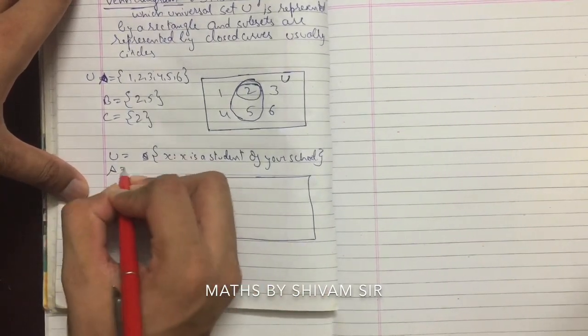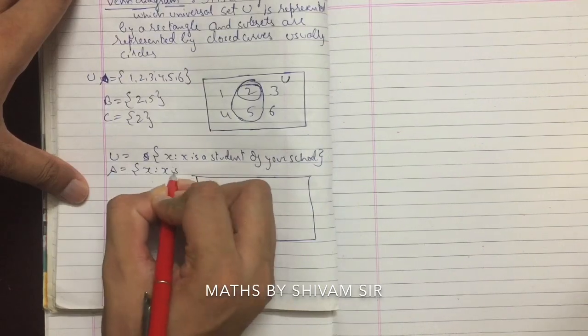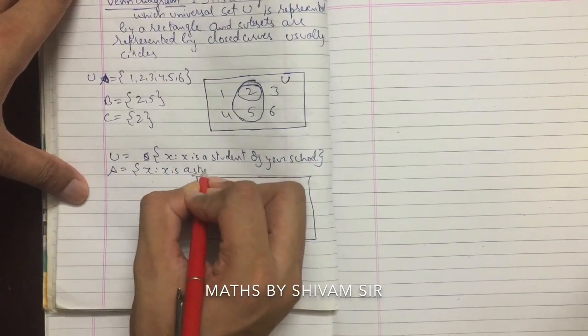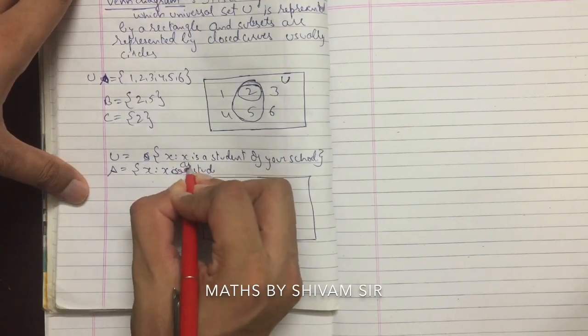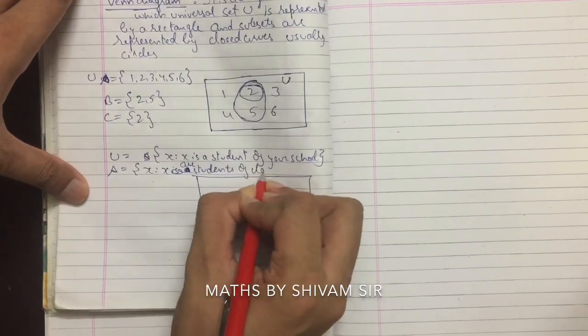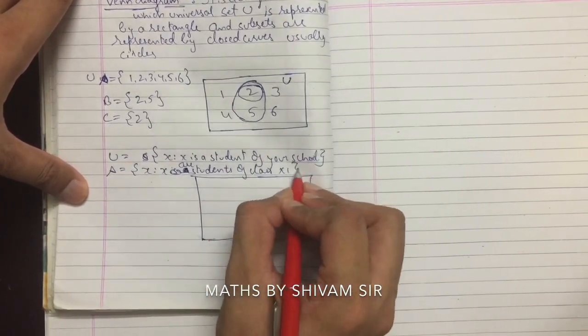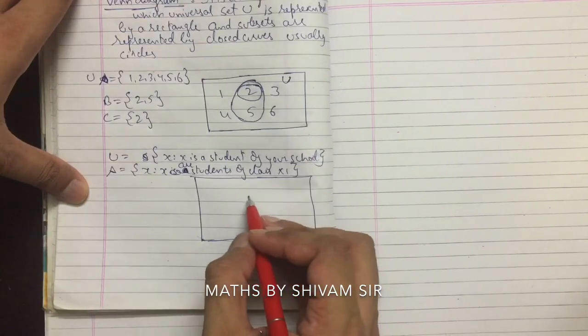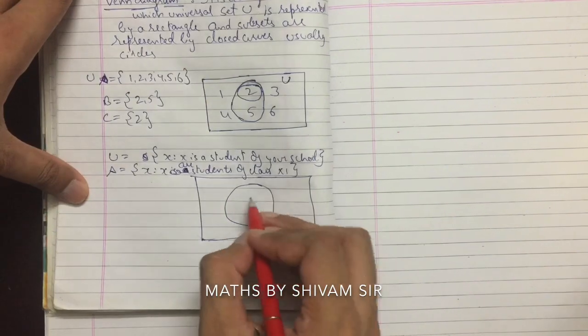Let A be the set of x where x are students of class 11th.